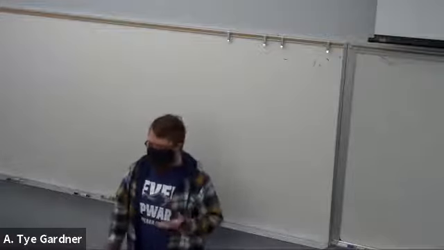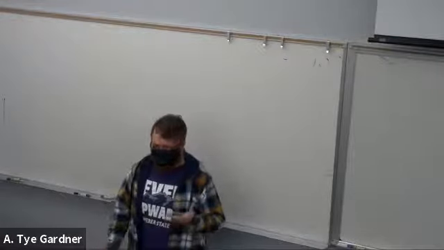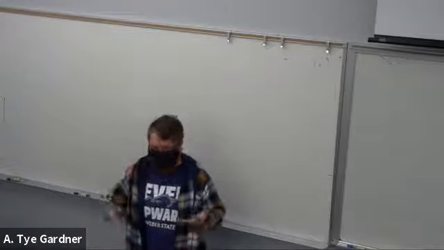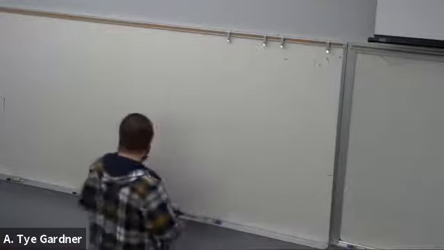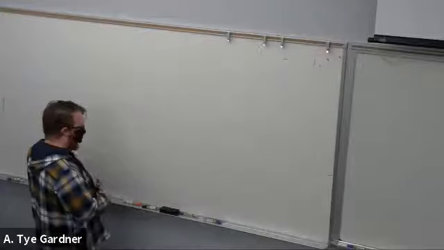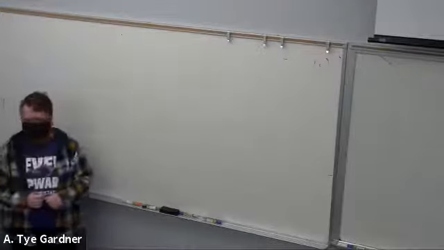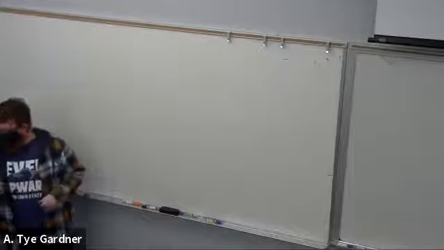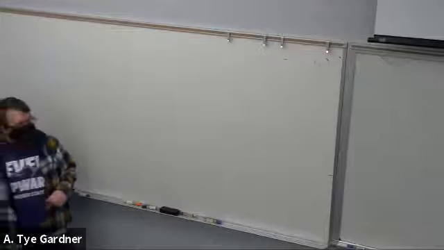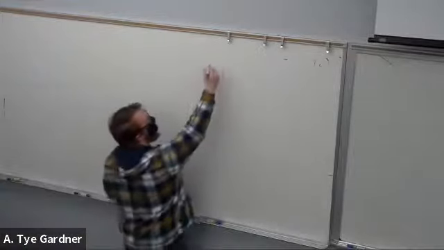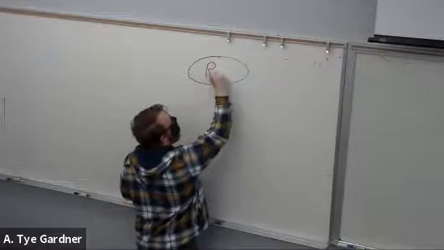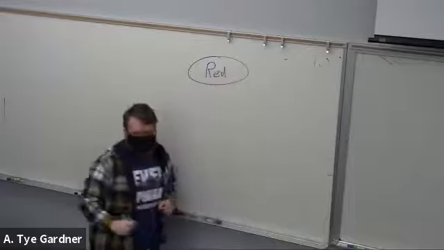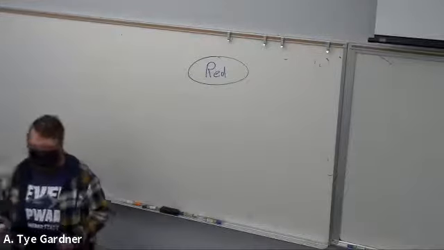Let's take a stop light. Let's call red our beginning state. We start at red, right? And while I walk through this, I'm going to introduce what we call state diagrams. So let's start at a red light. It's just sitting there.